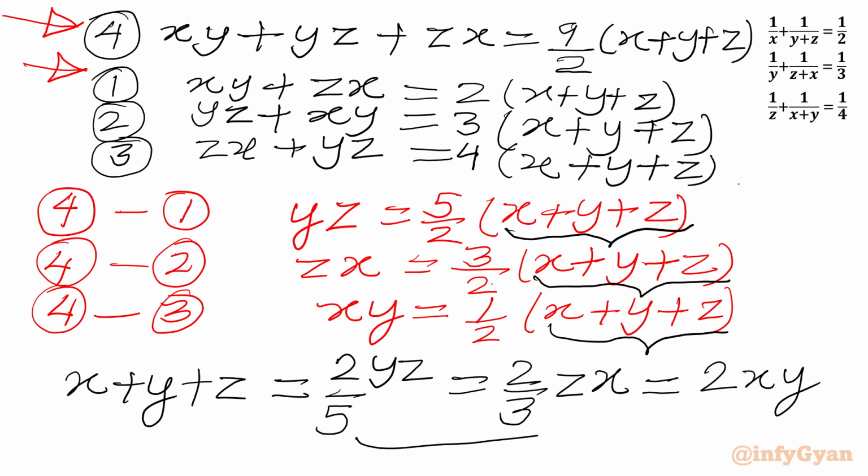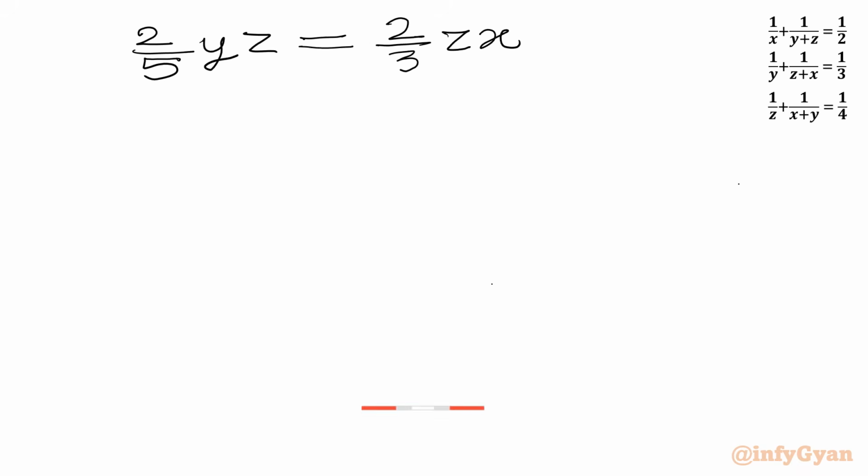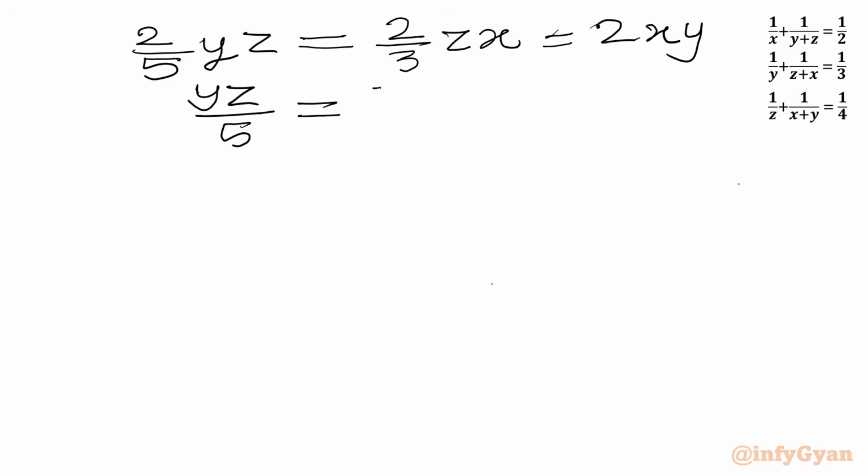Now I will equate these three and we can write over here 2 over 5 times yz equal to 2 over 3 times zx equal to 2xy. We have 2 in the numerators. Let's divide by 2. We will get yz over 5 equal to zx over 3 equal to xy.